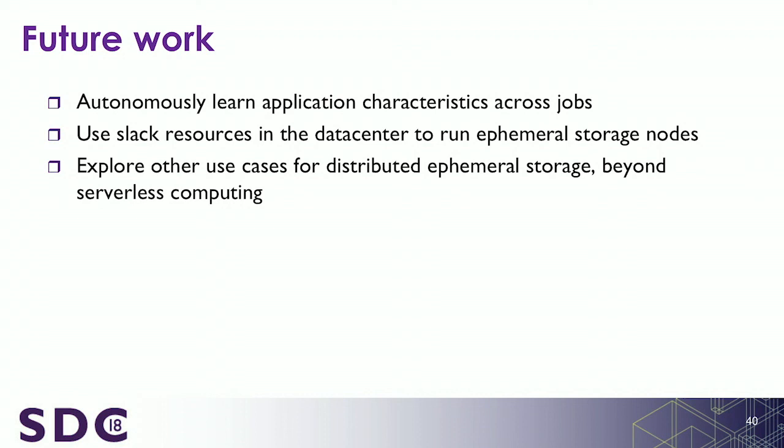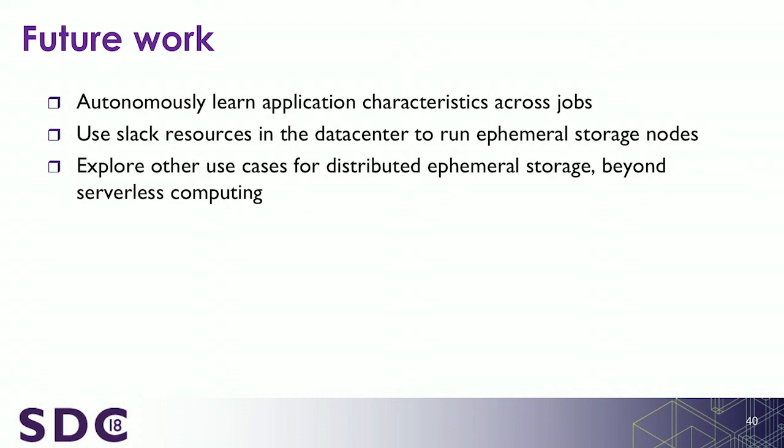The other opportunities for future work that we see are harvesting slack resources in the data center to run Pocket. This is ephemeral data that we're managing. It has a short lifetime, and we know that in data centers we have many resources sitting idle, so we see an opportunity to harvest those.